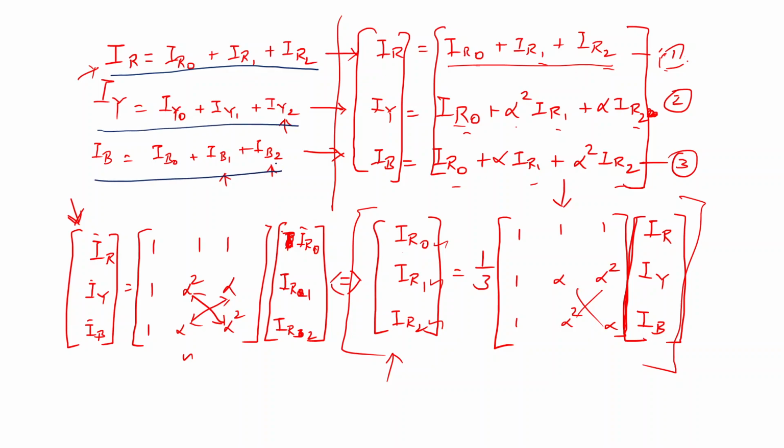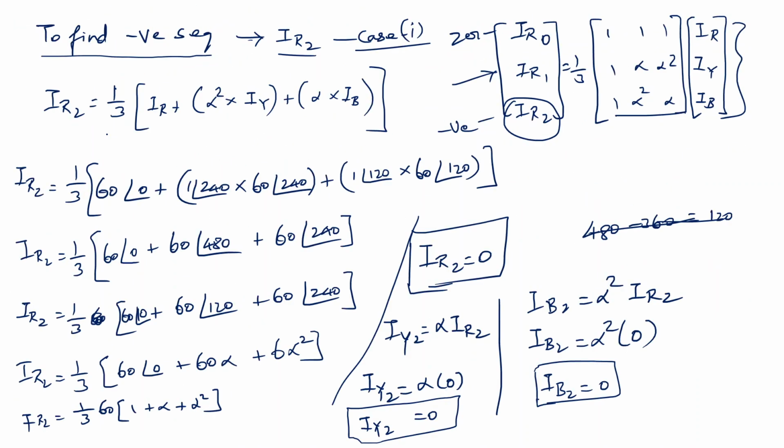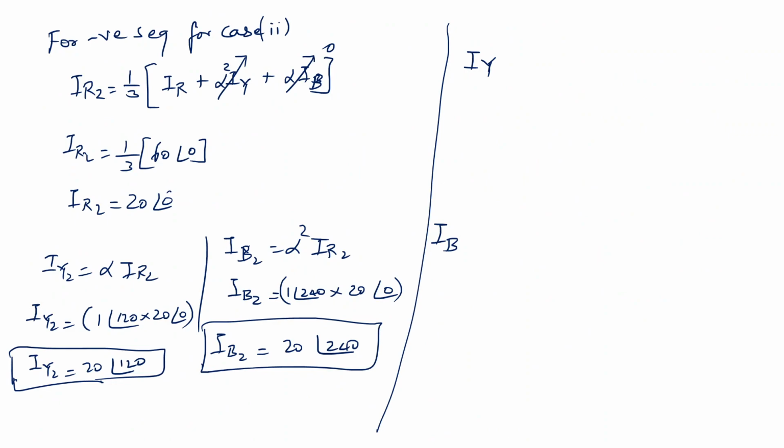By just applying this formula, let me check whether we get these values or not. IY is equal to IY0 plus IY1 plus IY2. That is for case 2, after the fuse removal. Don't get confused.